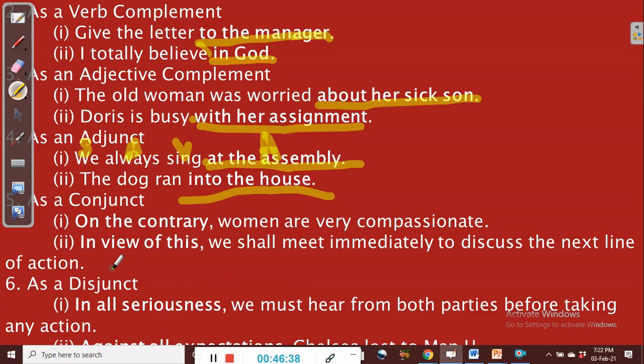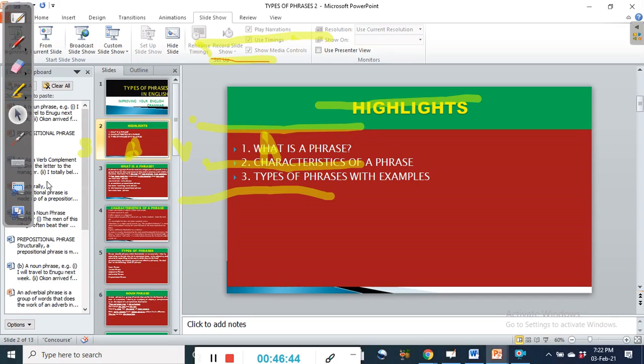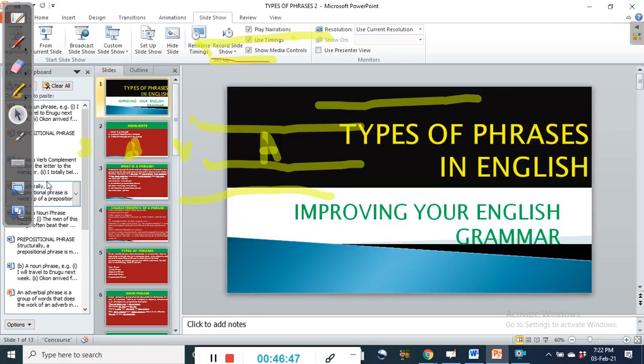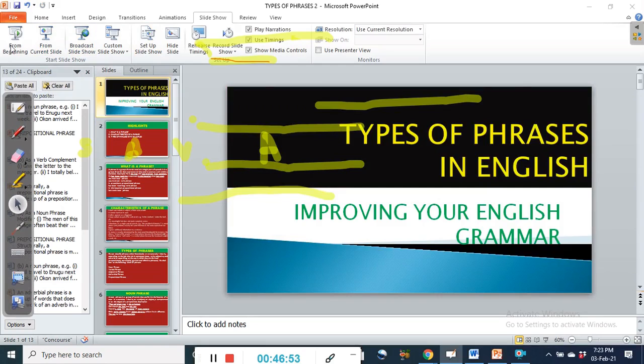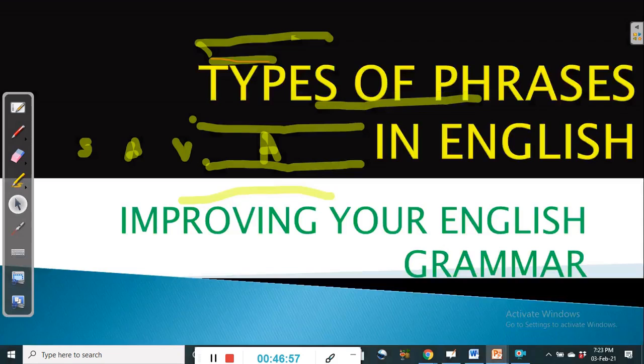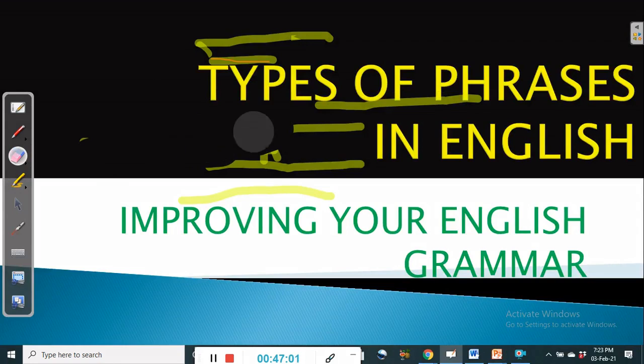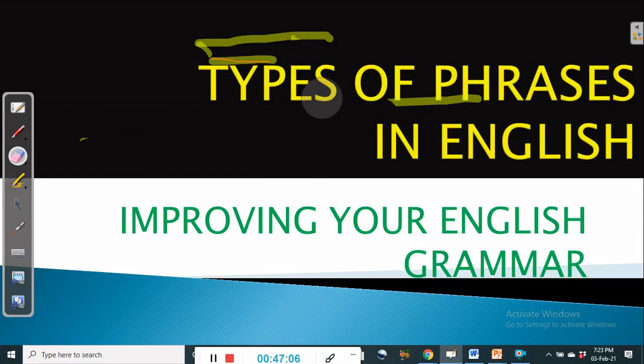All right, so this is exactly what the phrase in a sentence is all about. We have actually been looking at phrases, and we have been able to look at the phrases from different angles. We have looked at what a phrase means.